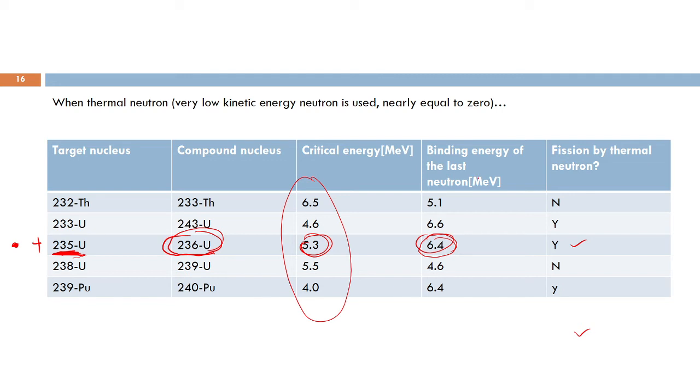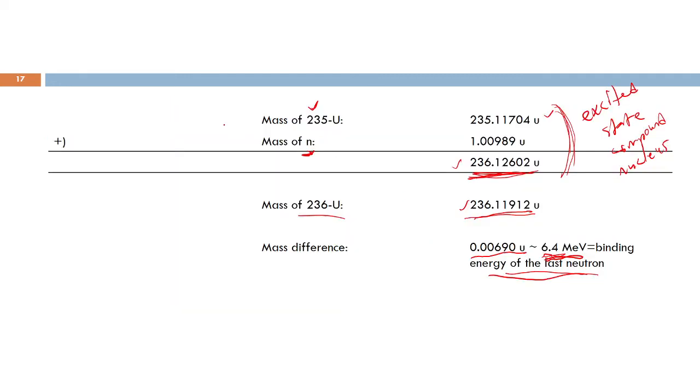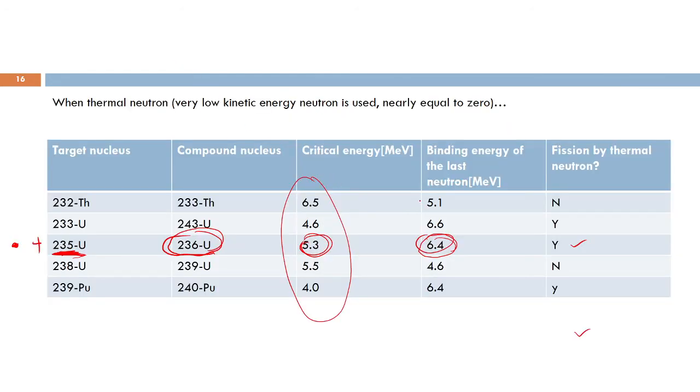So with thermal neutron, if you do a similar calculation here, you can conclude that uranium-233 will fission with thermal neutron, as well as plutonium-239.